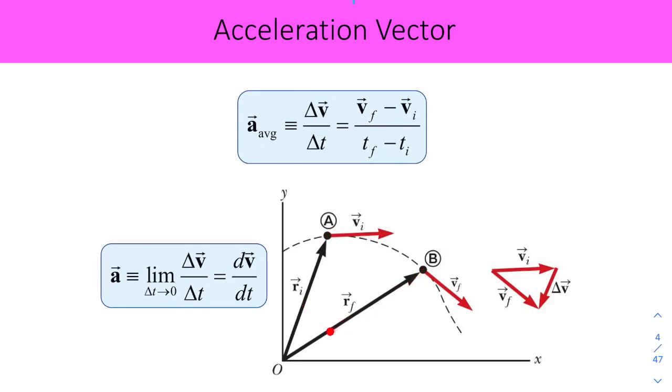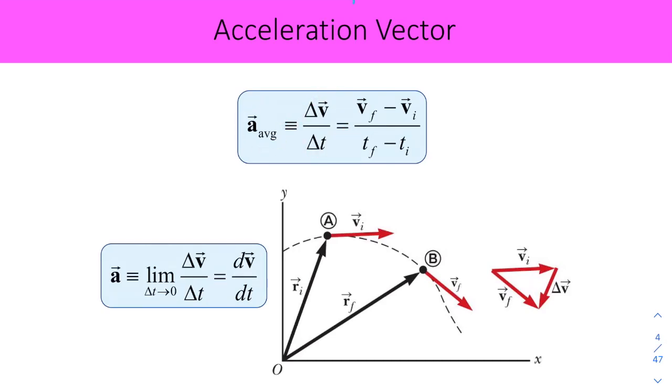For point B, the object has r final and v final at that instant. The difference between these velocities, over the time taken for the difference to take place, is equivalent to a average.